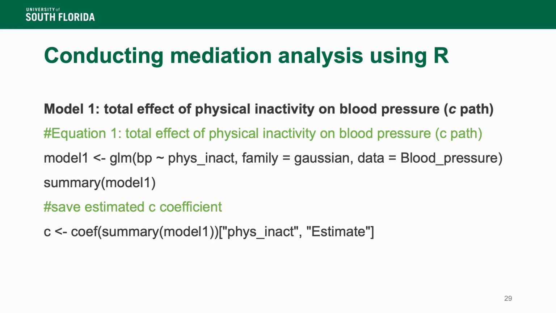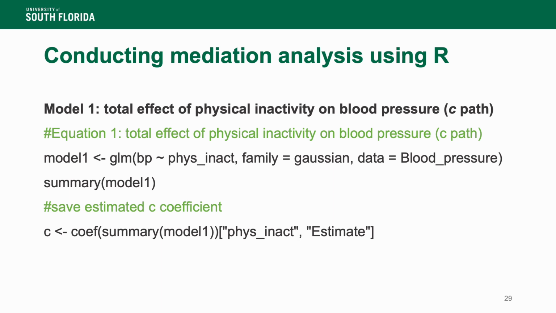The first line of code here on the slide indicates that we want to estimate a linear regression model. To do this, we use the GLM function. GLM stands for Generalized Linear Model. In this GLM function, we first specify our dependent variable.